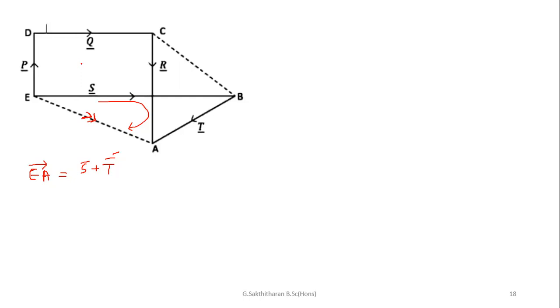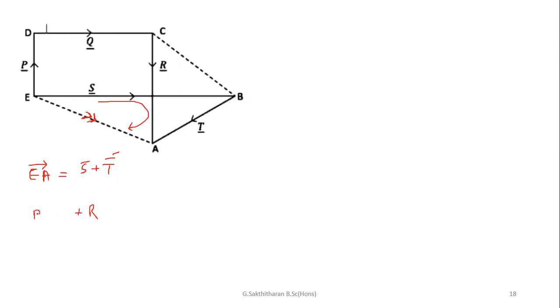And also the balance: vector P, vector Q, and vector R give EA. So here also P plus Q plus R gives the EA vector.